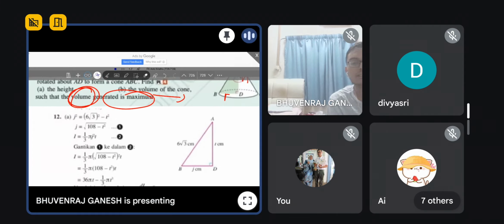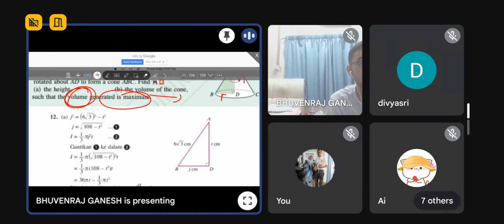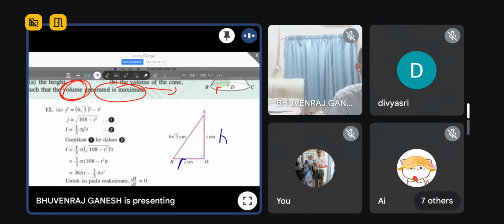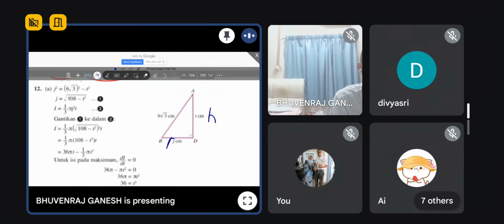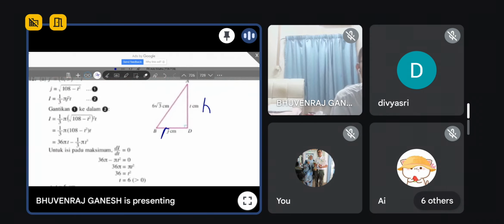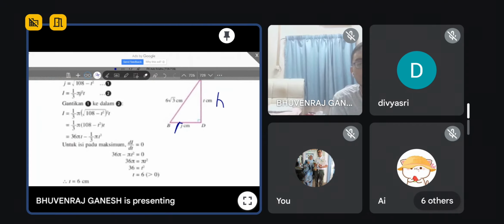Okay, the symbol they use here is slightly different. They use T for tinggi and jari is for radius. But it's actually the same. This one is your R, this one is your H. So you will get this one after differentiating. Then equal to 0, find your T value. Okay, so T equals 6.